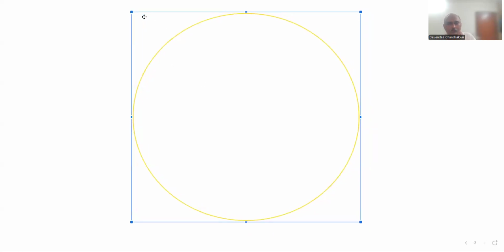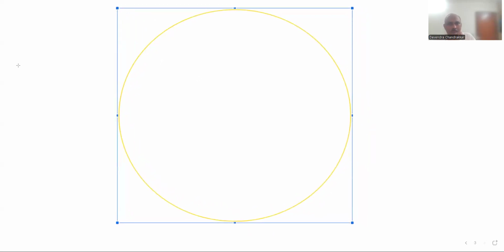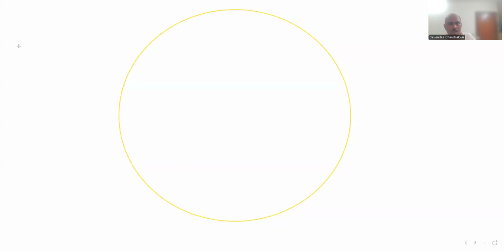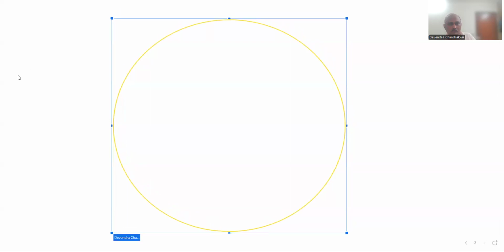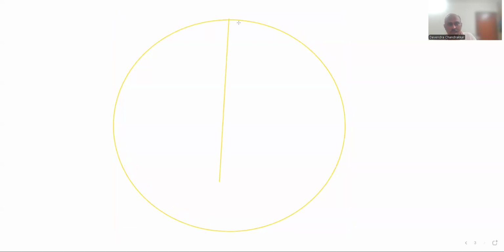Let's discuss the 4 quadrants first. Trigonometry revolves around these 4 quadrants. All of you, please pay attention. This is a circle, make a circle, and these are the quadrants.